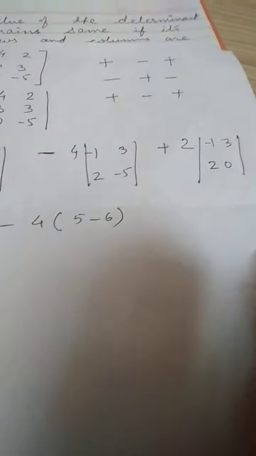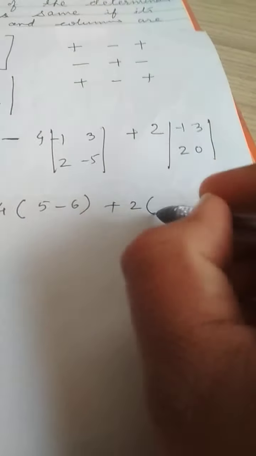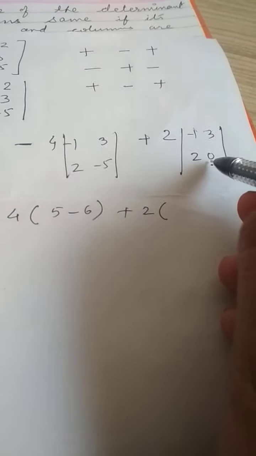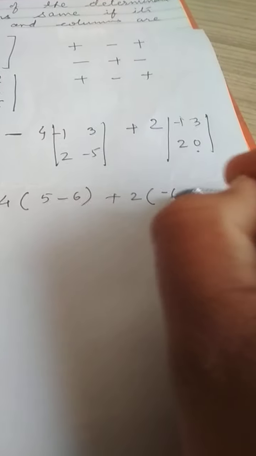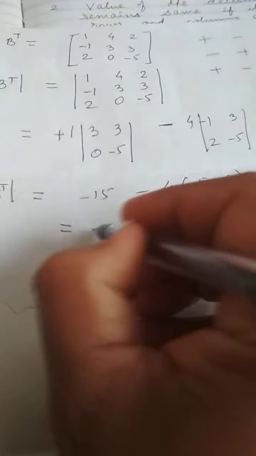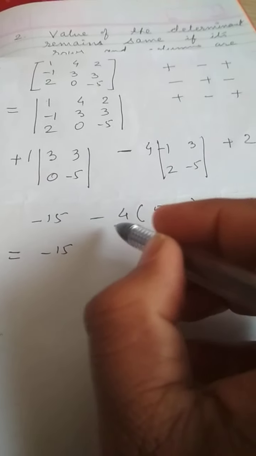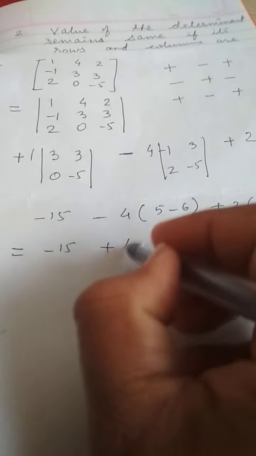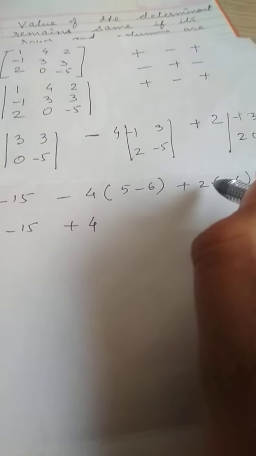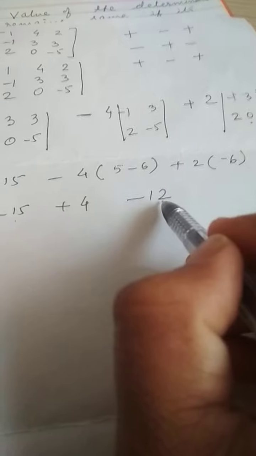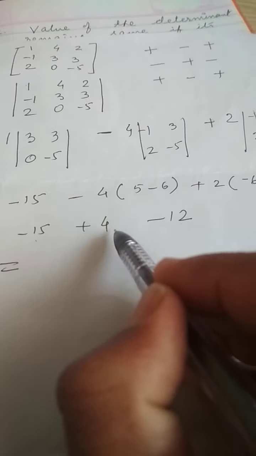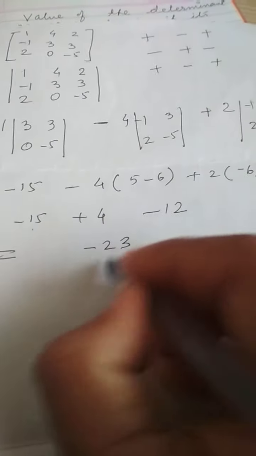Then plus 2 times -1 into 0, which is 0 -6, so it will be -6. What is the final answer? -15. This will be -1, -1 into -4 will be +4. Then here 2 into -6 will be -12. So here we have -15, -12, which is -27, plus 4. Again we have got -23.